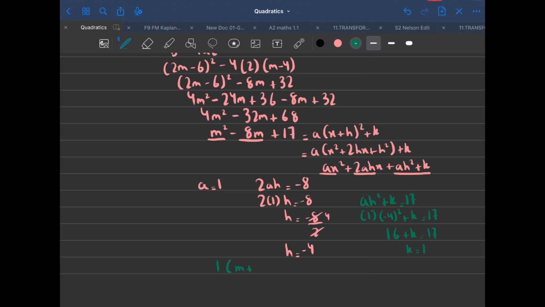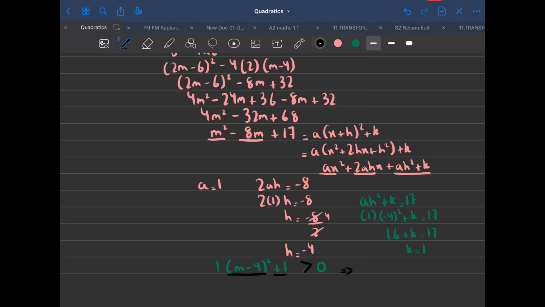So m minus 4 whole squared plus 1. Now, I can clearly see that this is greater than 0. How can I see that? If you plug in any negative number in this, when you square it, it's going to become positive and then plus 1. So it's always going to be a positive number. That means it's going to be greater than 0.